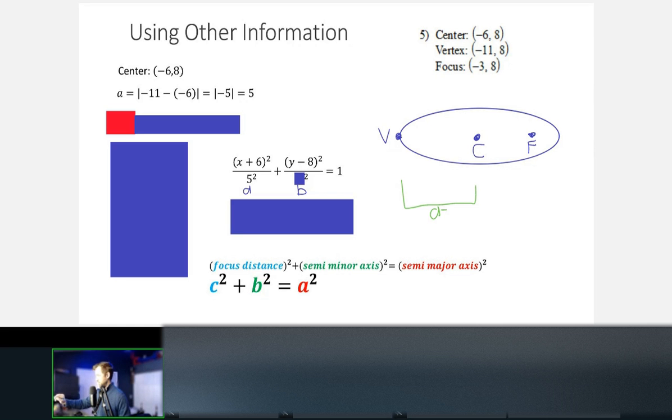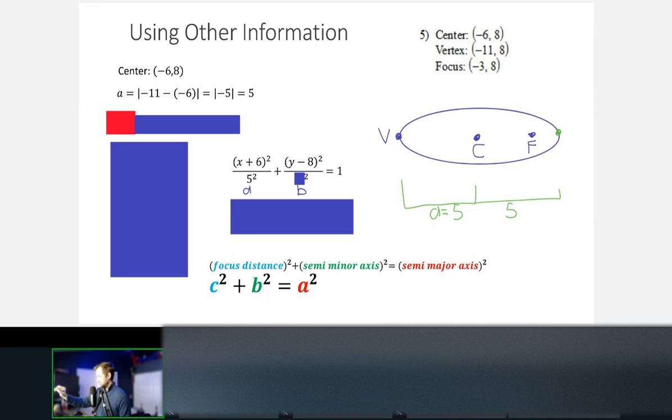And we know that A is equal to, we said, 5, right? So that means from the center to this vertex, to this point, this is 5 units, because from the center to your two vertices, left or right, it's 5 units away.